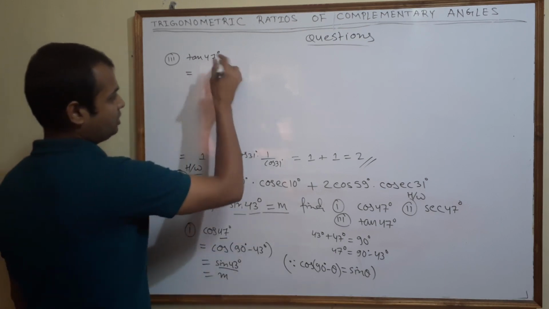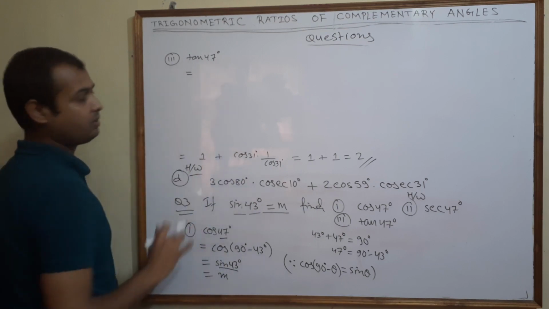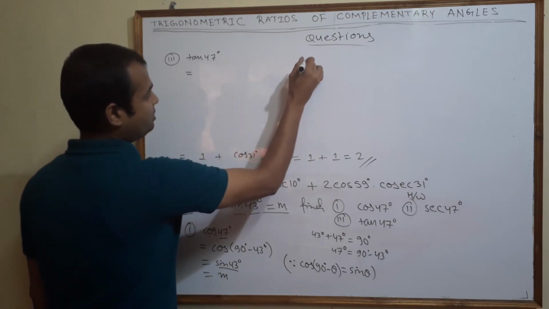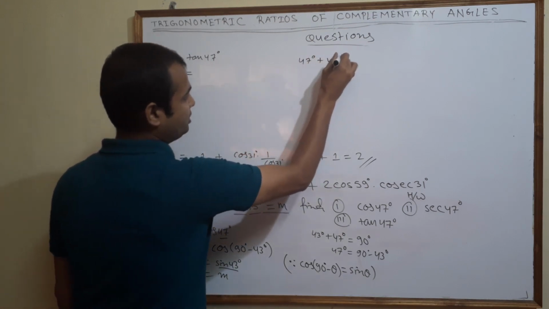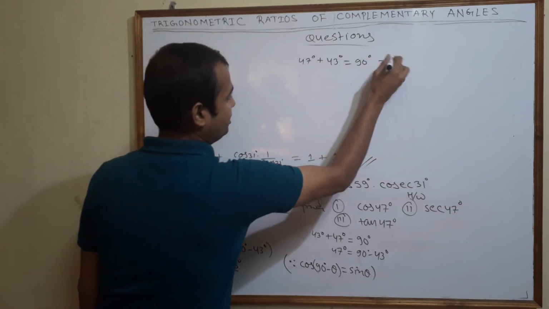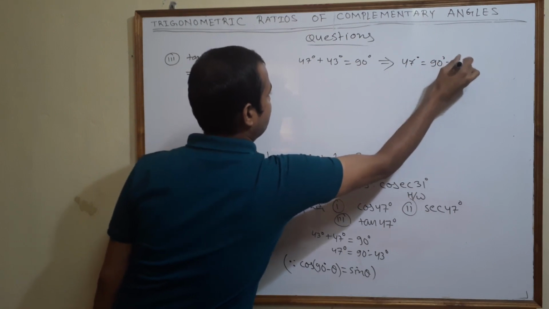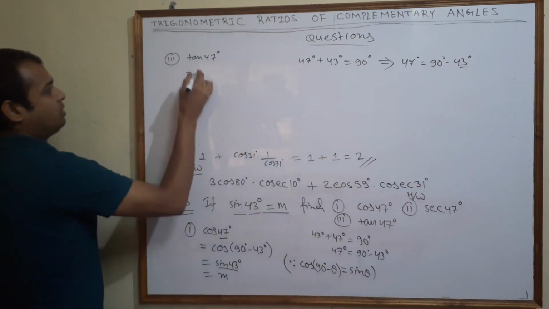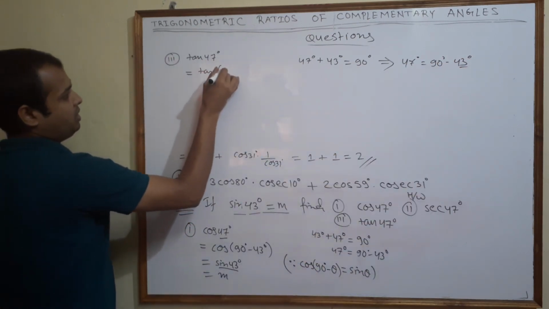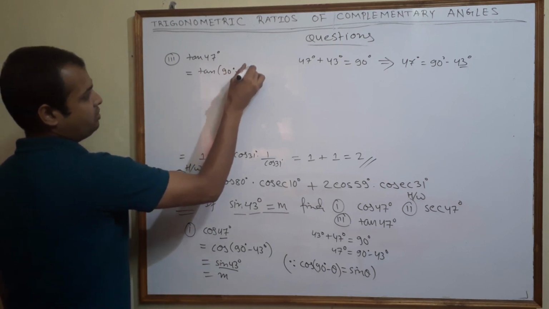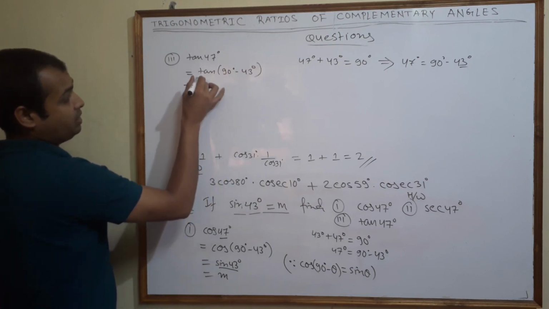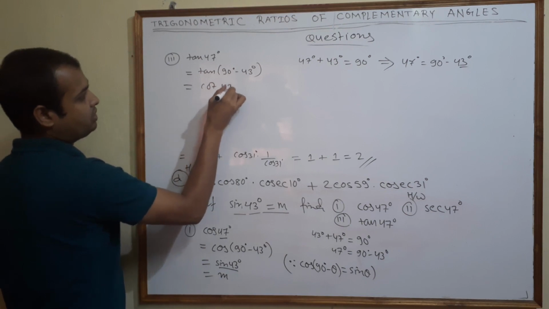Clearly you can see that 43 and 47 are complementary. That means 47 degree plus 43 is equal to 90 degree. This implies that 47 degree can be written as 90 degree minus 43 degree. So this can be written as tan of 90 degree minus 43 degree. That is, tan will change to cot 43.